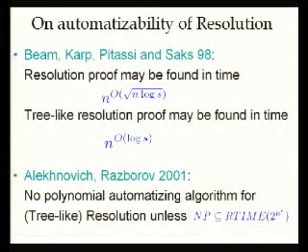And there is also one negative result, which says that if NP is not in sub-exponential randomized time, then there is no polynomial-time automatizable algorithm for tree-like resolution or resolution.